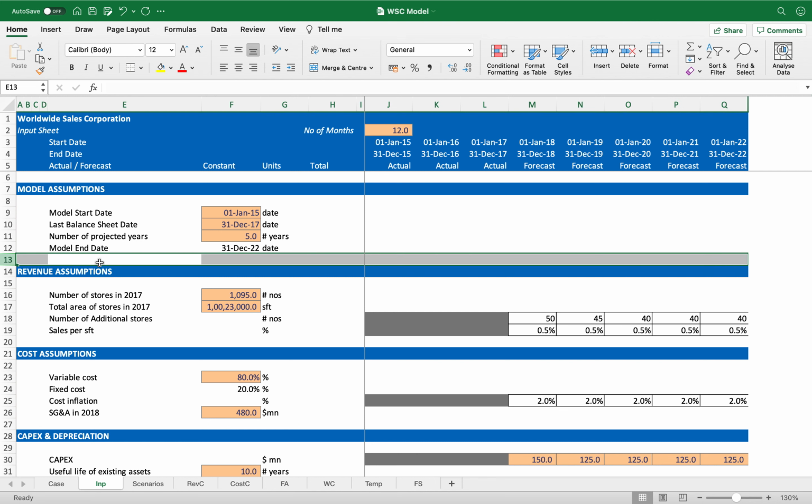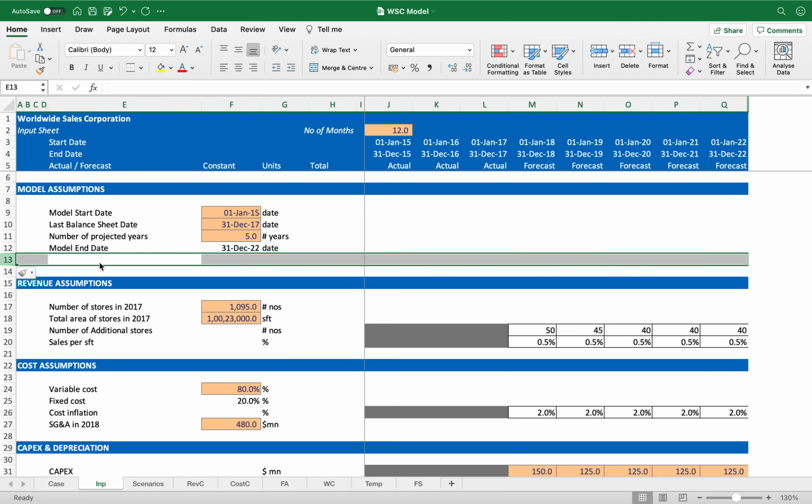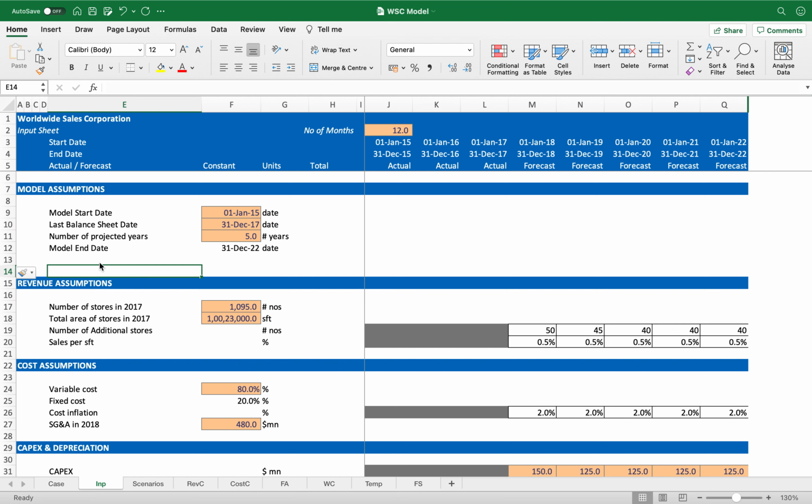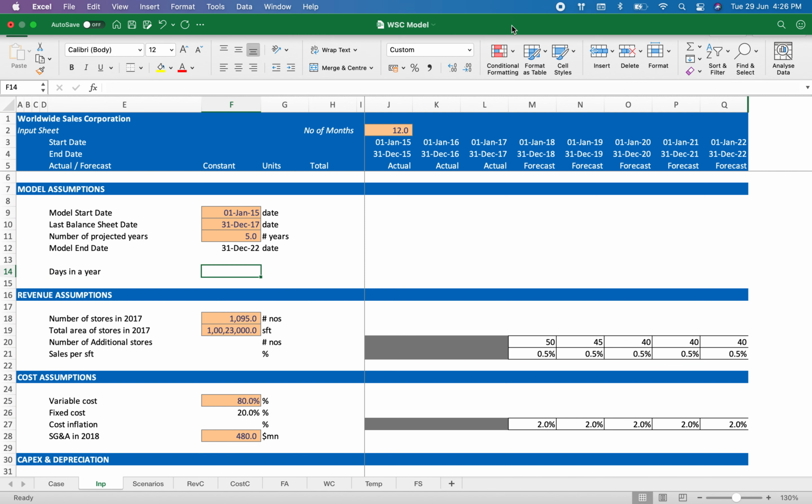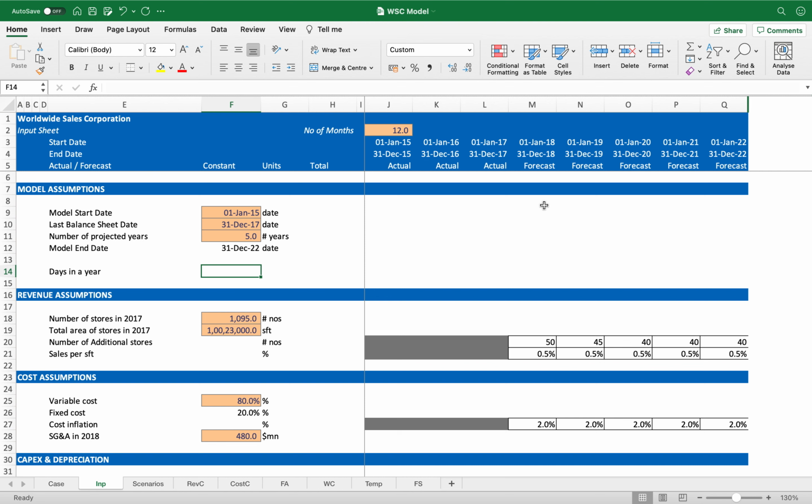When you were writing down the model assumptions, just add some lines to it and write down days in a year. Write down days in a year and just write down 365 as an input. Okay, just do this change.